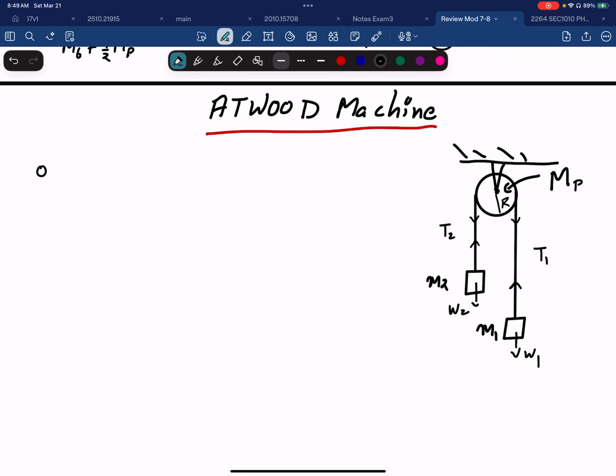We do the free body diagram for the ones that we already know, T2, and this is W2, and the acceleration is moving up. Again, here we are assuming the acceleration.